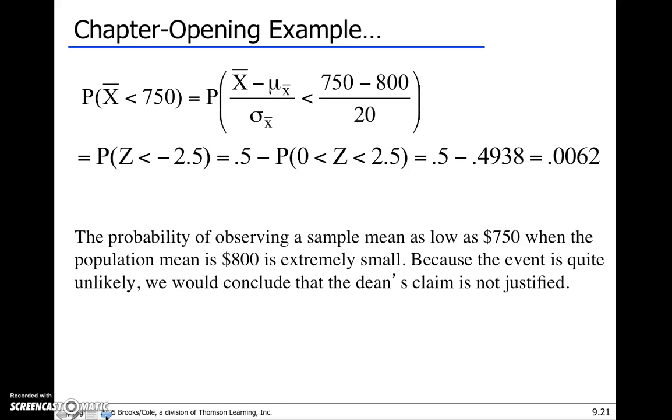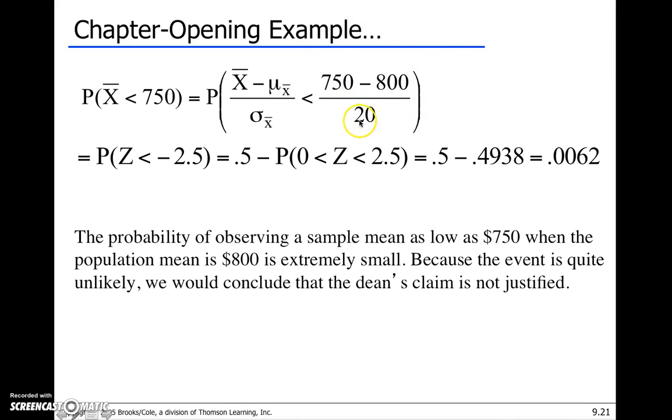So the probability x bar is less than 750 is the probability of x bar minus mu of x bar over sigma of x bar, which is the probability of z being less than 750 minus the population mean of 800, over 20.